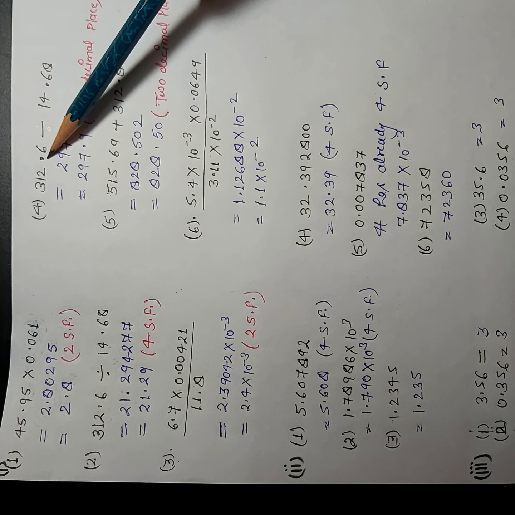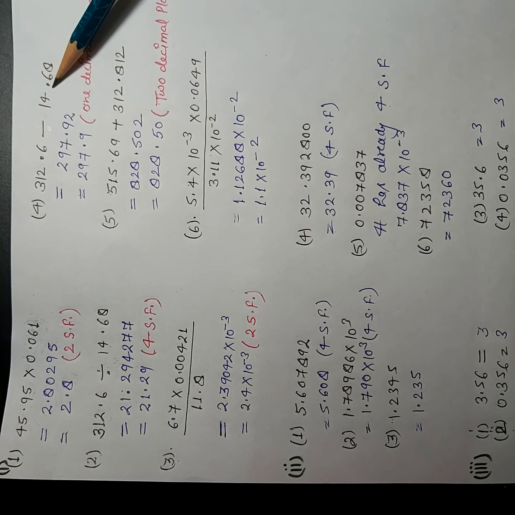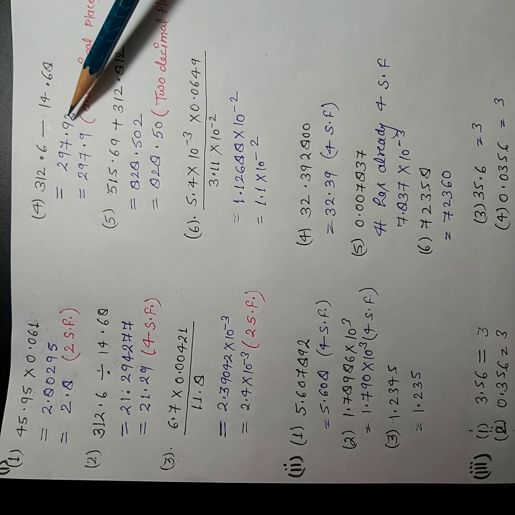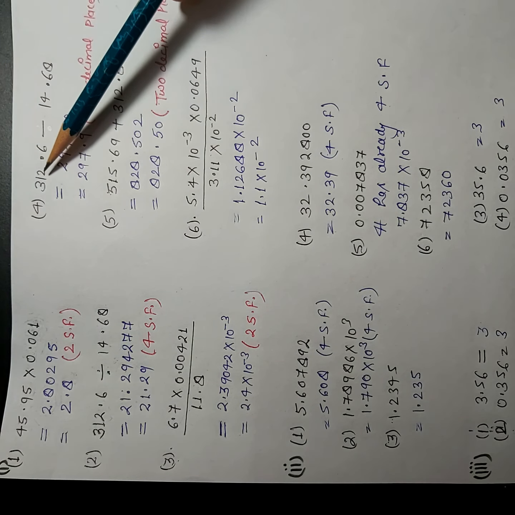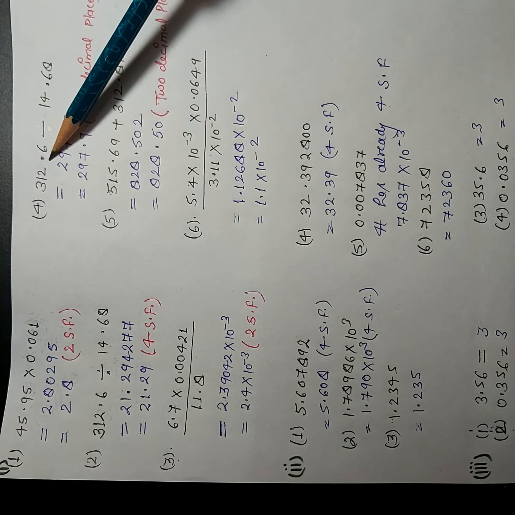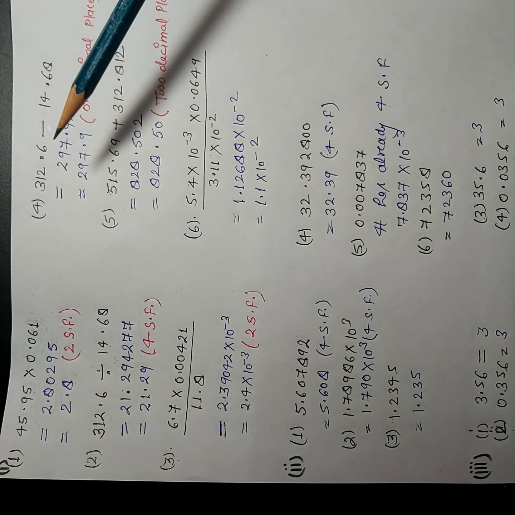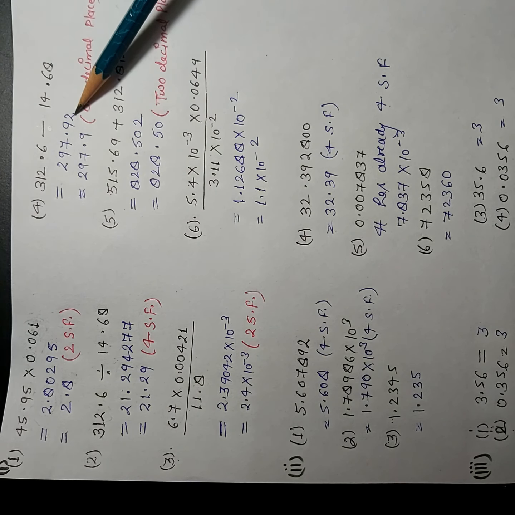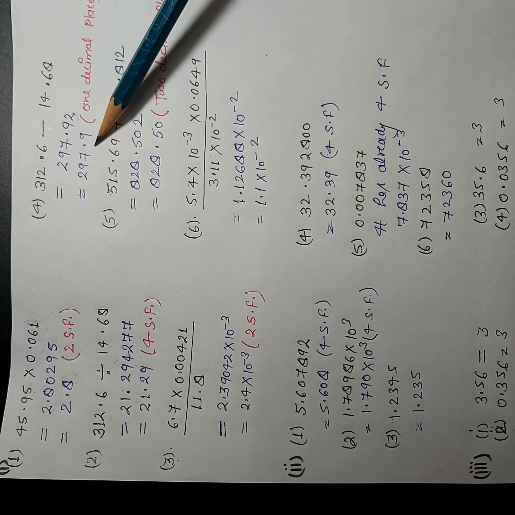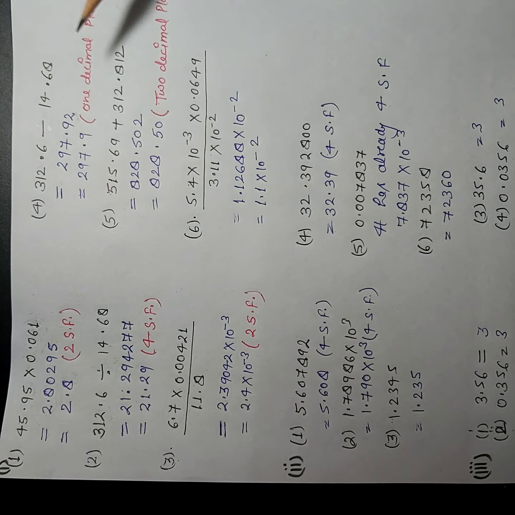So this number has 1 decimal place and this number has 2 decimal places. So it is clear that we have to report our answer with 1 decimal place. When you subtract this number from this number, you will get this, and our answer will be 297.9 only. We will remove this, because we have to give our answer with 1 decimal place.